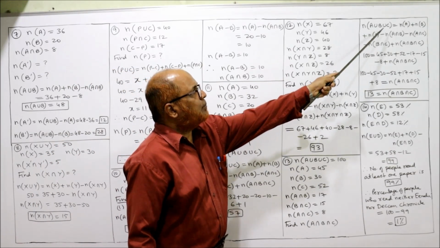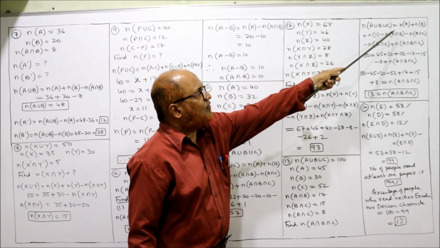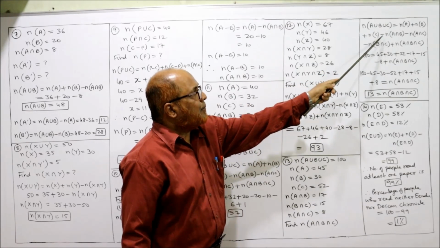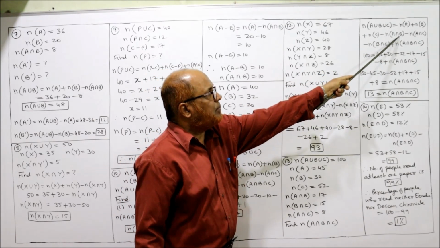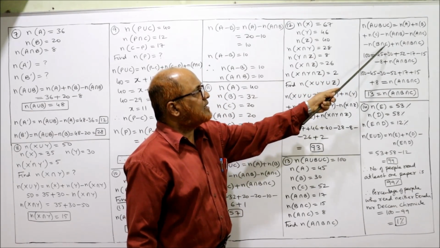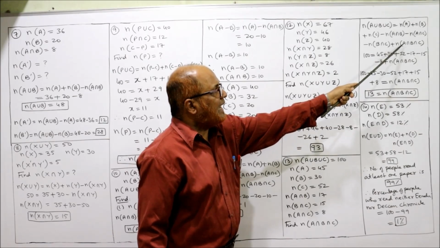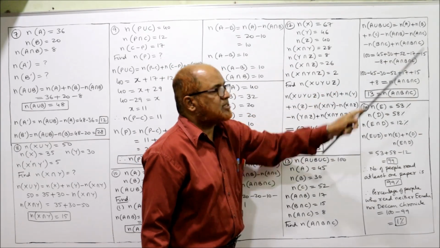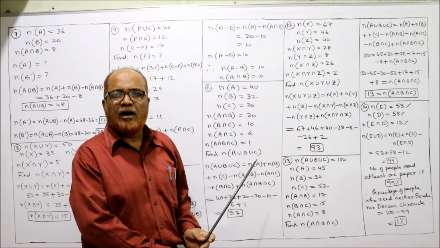N of A union B union C is equal to N of A plus N of B plus N of C minus N of A intersection B minus N of A intersection C minus N of B intersection C plus N of A intersection B intersection C. Same formula, right?